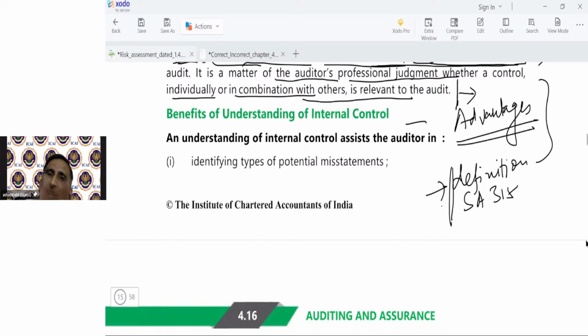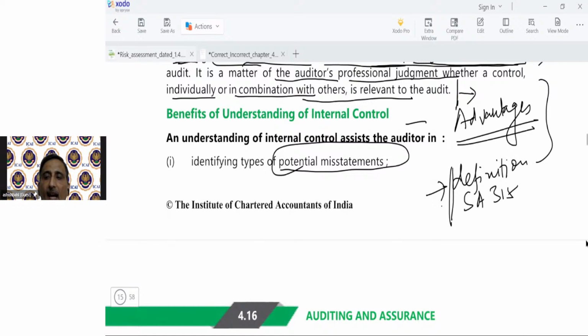So when there is reliability of financial reporting and the auditor is understanding how the controls are operating, it helps him in identifying potential misstatements. If the controls are operating satisfactorily, then he knows that the control system of the company is strong, robust, working properly. Where the control system is weak, it is deficient, there are more likely chances of errors and frauds.